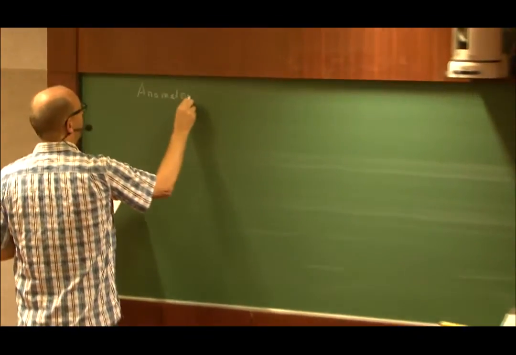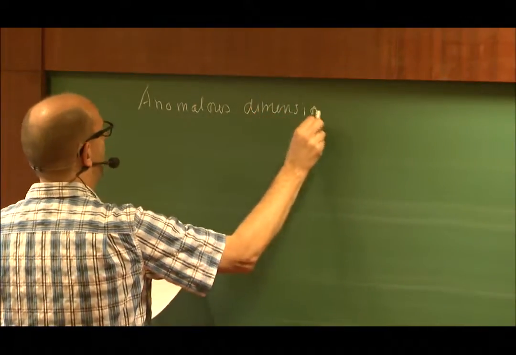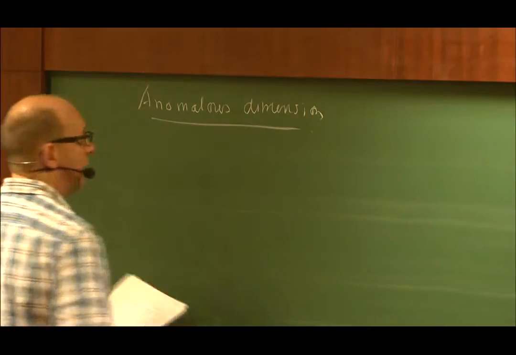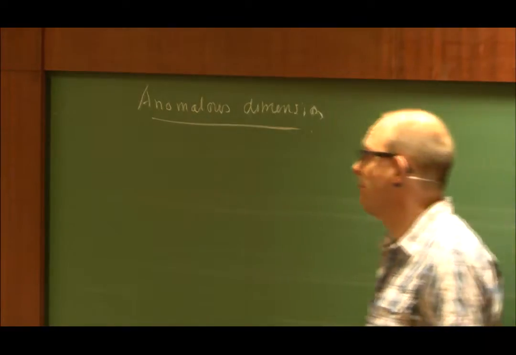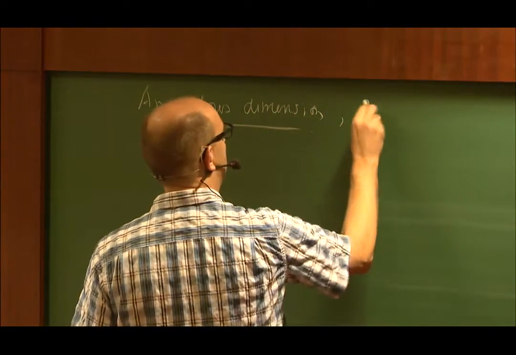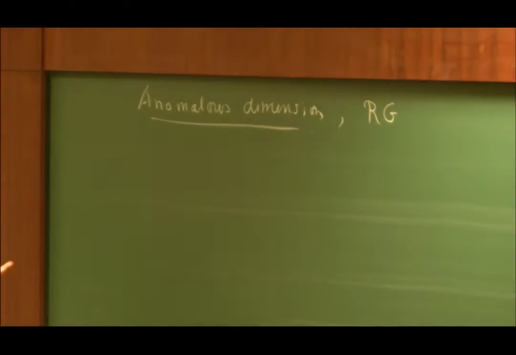That is also a quantity that occurs a lot in quantum field theory and of course also in QCD. And I'd like to discuss that a little bit in conjunction with the renormalization group, RG. Also a tool that occurs all the time.